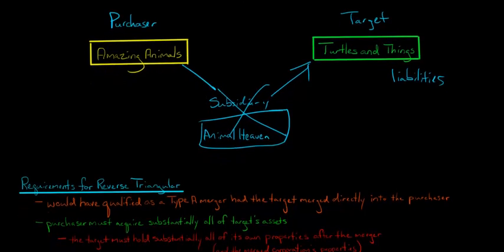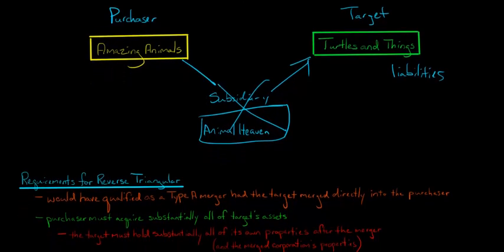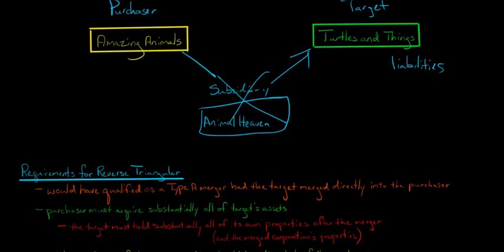One is that the purchaser, in this case Amazing Animals, must acquire substantially all of the target's assets. And you say, well, what does that mean? If you've already watched the video on forward triangular, they have that same requirement, but it means something a little different with the reverse triangular merger. With a reverse triangular merger, it essentially means two things.